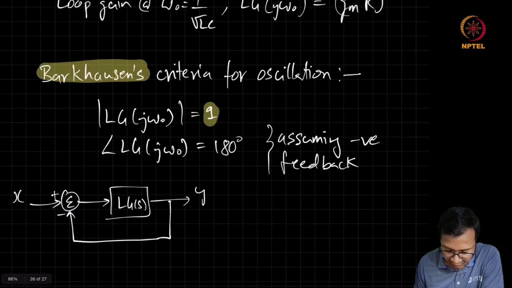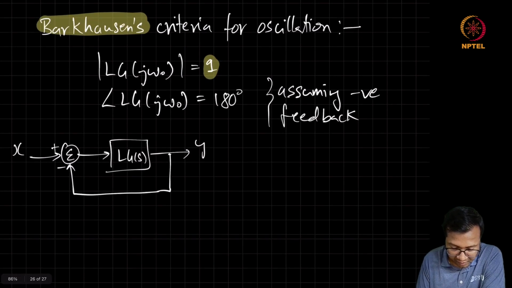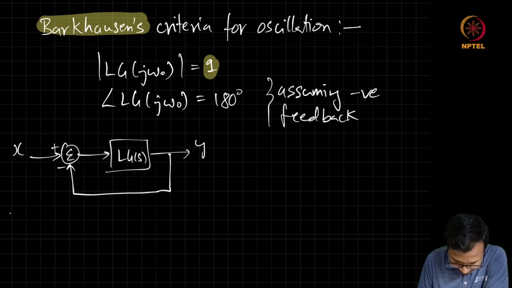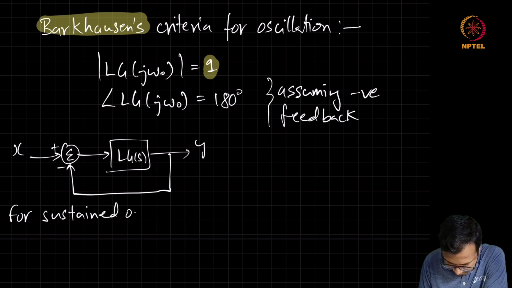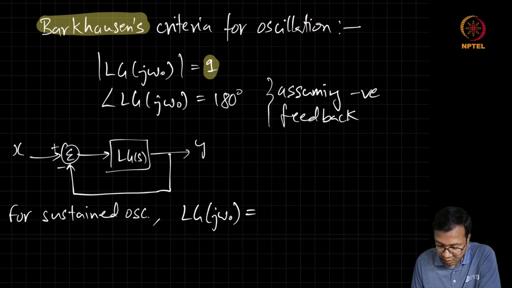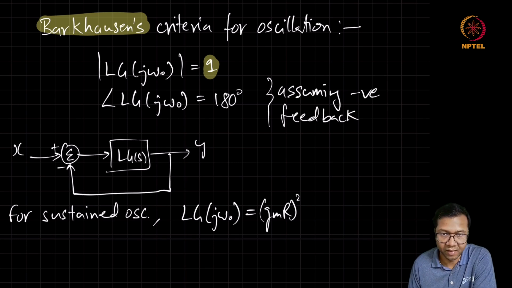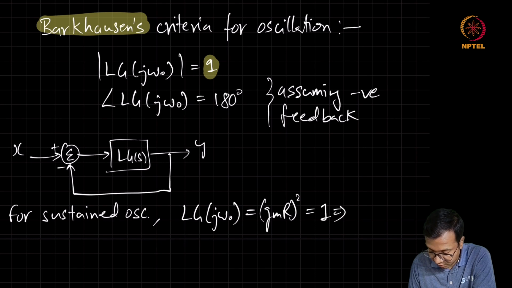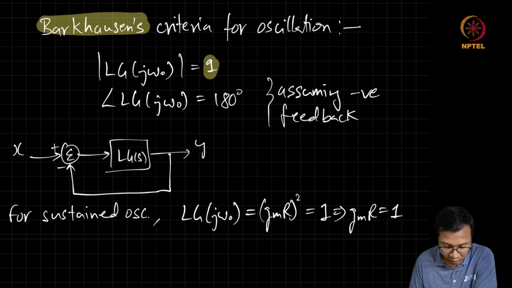So it means that for the cross-coupled LC oscillator, if we want sustained oscillation, this Lg at J omega naught should be equal to 1, because it should have a 360 degree phase shift as well as a gain of 1, which implies GM R should be equal to 1.